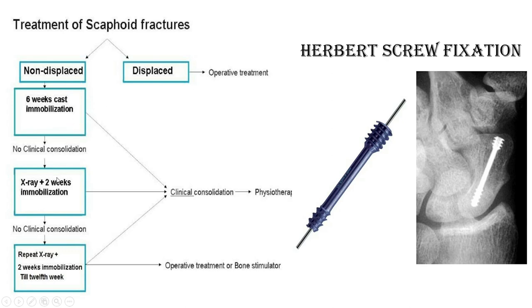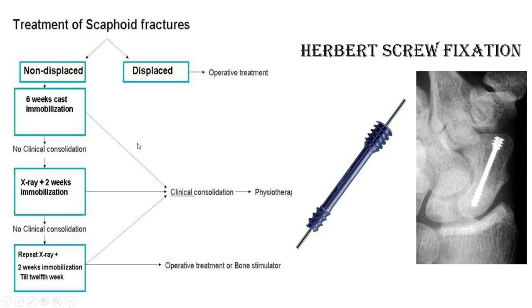If not displaced, then you continue 2 more weeks of plaster. After that you go for physiotherapy. Sometimes even after proper plaster, the patient can go into non-union, then you have to go for operative management also.